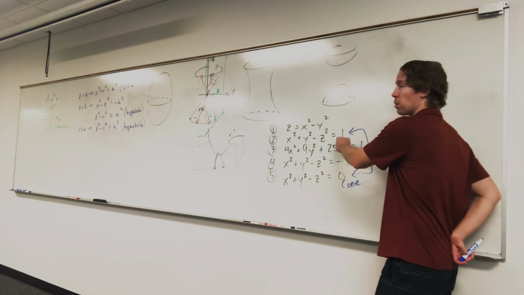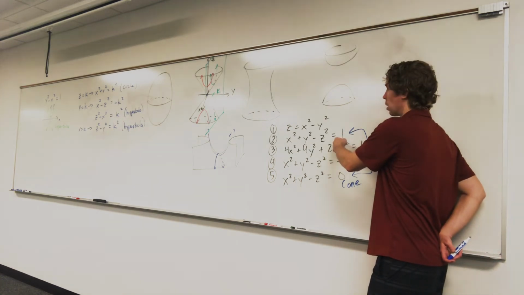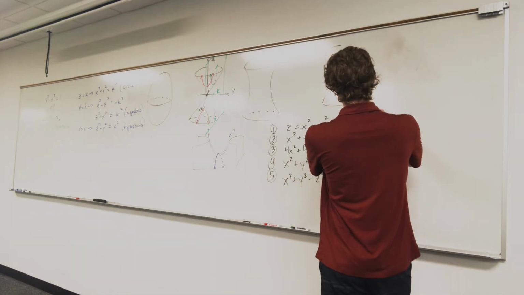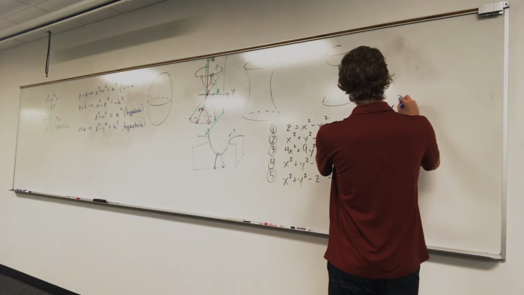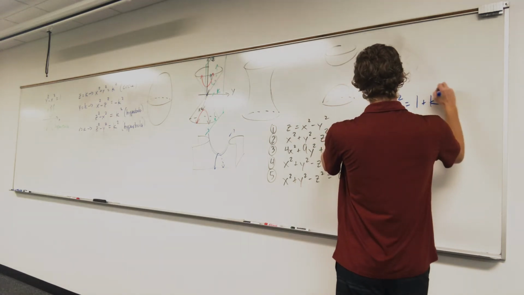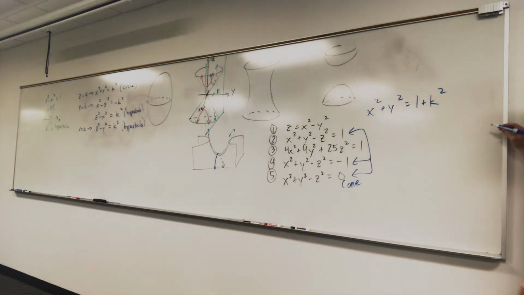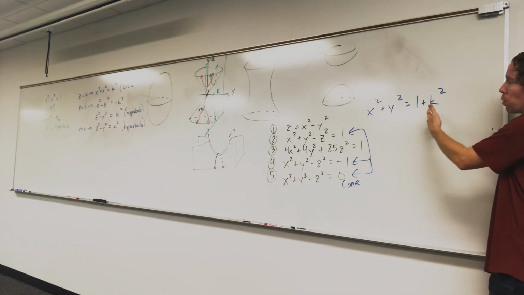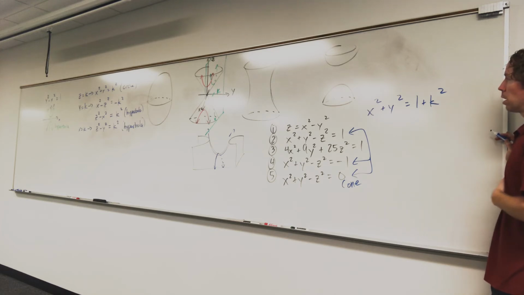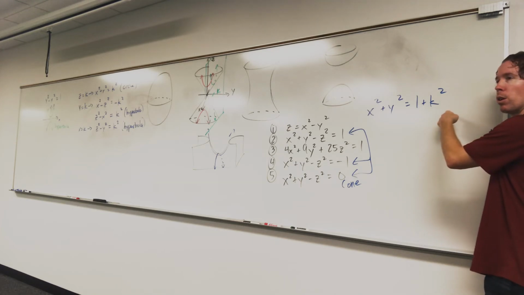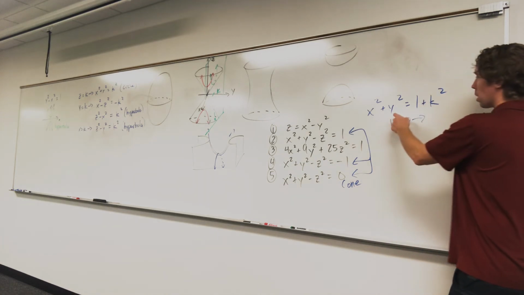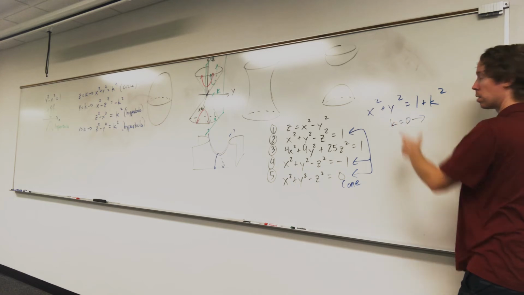If we think about the traces of number 2, for example, if we plug in z equals k, then we'll get 1 plus k squared. So what does this give us? Yeah, it's a circle. The radius is the square root of 1 plus k squared. If we plug in k equals 0, then we get a circle with radius 1.